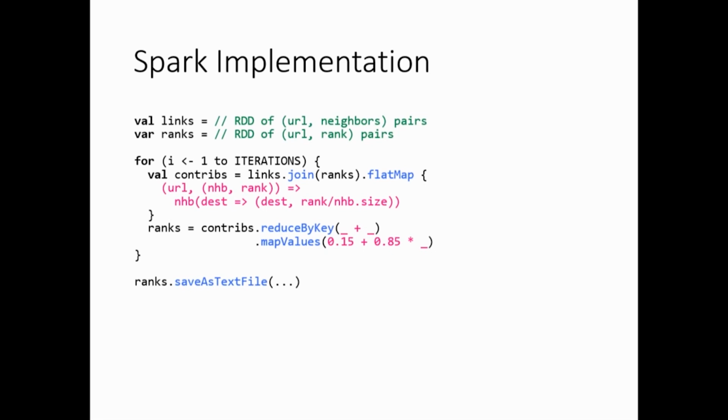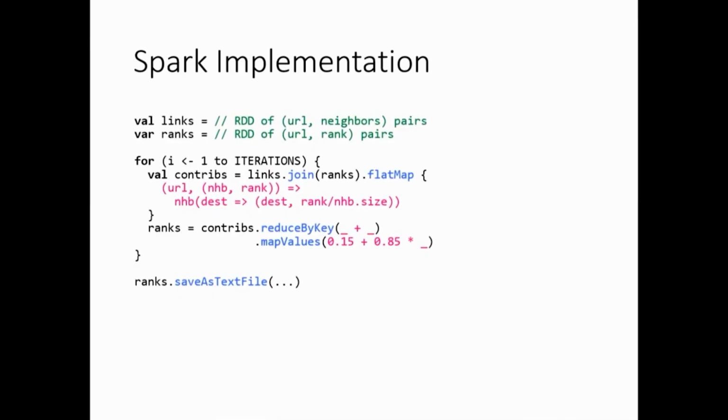And then what you have to compute is the contributions of the neighbors towards the rank of the current neighbor, right? So you have to join these links with ranks, okay, based on the URL. And then you will get something like this.